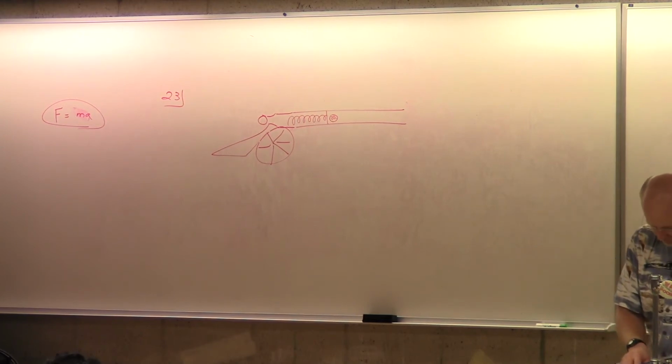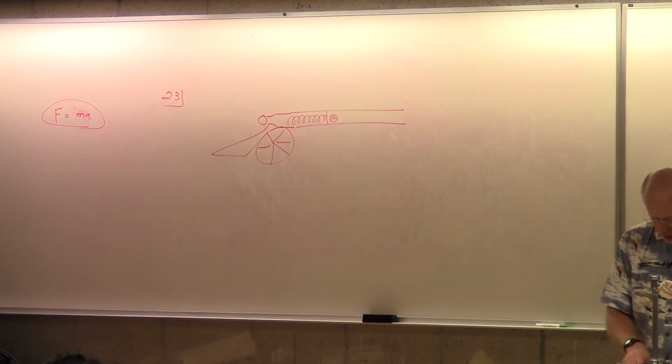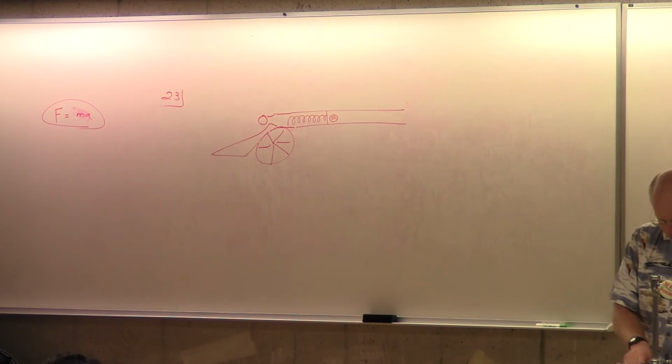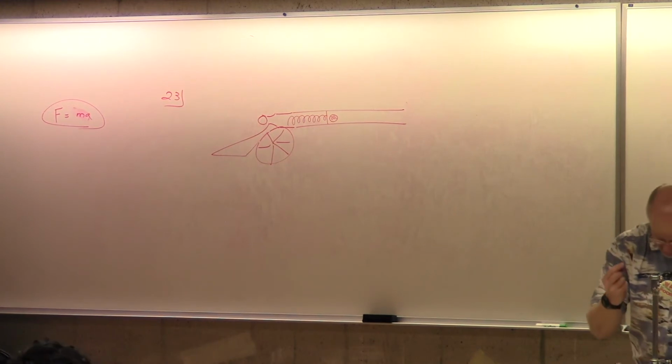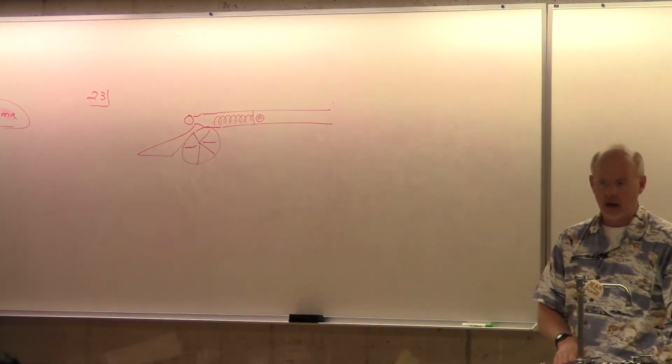A toy cannon uses a spring to project a 5.3 gram rubber ball. The spring is initially compressed 5 centimeters and has a force. When the cannon is fired, the ball moves 15 centimeters through the horizontal barrel of the cannon. Okay?